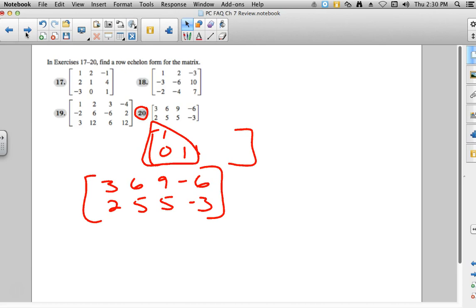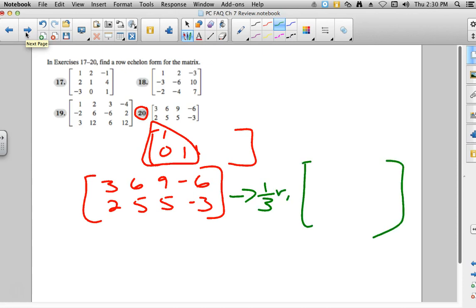And there's a lot of different things that we could do. But what I'm going to do is I've decided I'm going to get 1s in that first position for that first row. So I'm going to take 1/3 of row 1. And that will give me 1, 2, 3 and -2. So now I at least have that 1 in position the way that I wanted to have it.